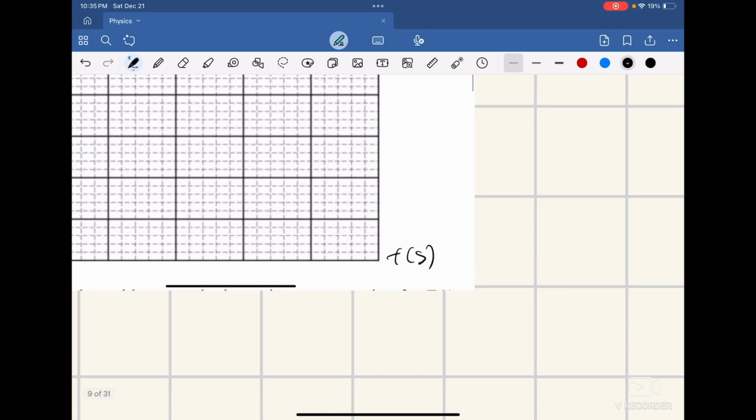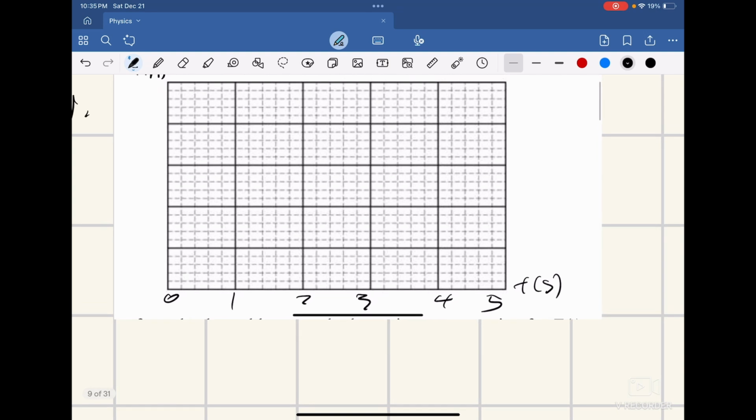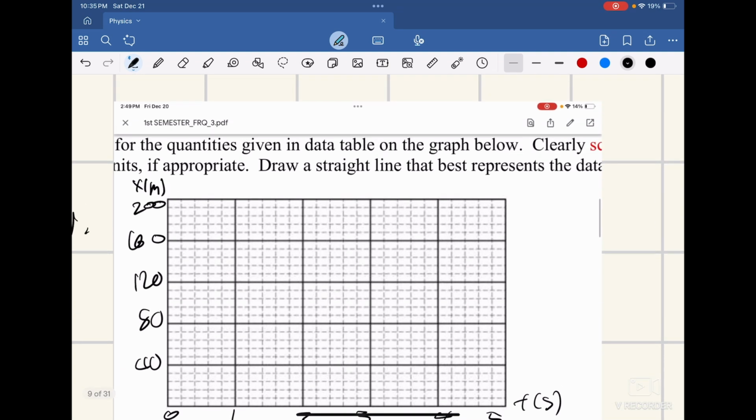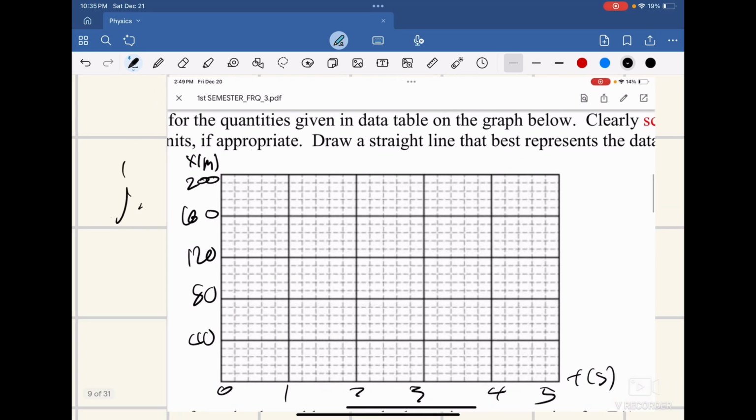We are asked to find it from 0 to 5, 0, 1, 2, 3, 4, 5, and we'll just put 40, 80, 120, 160, and 200, because this will make our life easier.